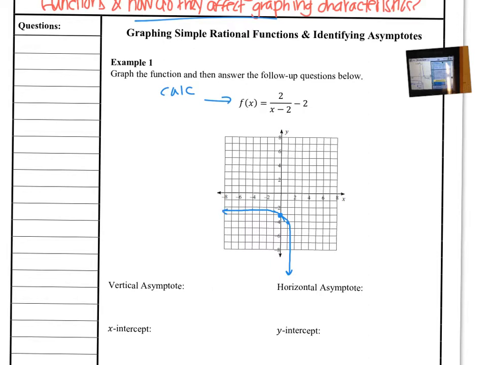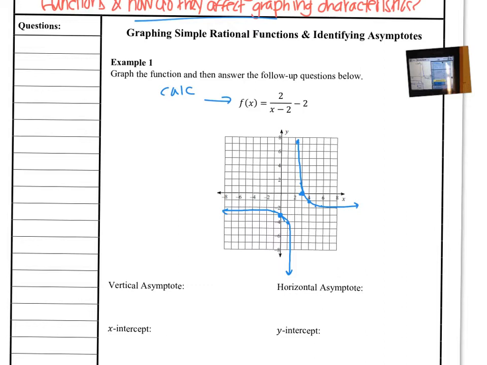And then as I move further, we had 3, 0 as the x-intercept, 4, negative 1. And then we get really close again to negative 2, but we don't hit it. So really close, but we never hit negative 2, and this never hits x equals 2.